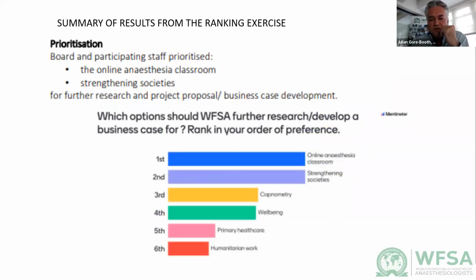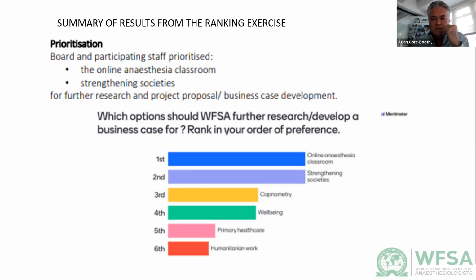Another really useful exercise that we did was we presented project concepts around potential future activity to the group in the workshop, and then got people to actually, online, rank where they would put those areas, and we came up with this ranking.